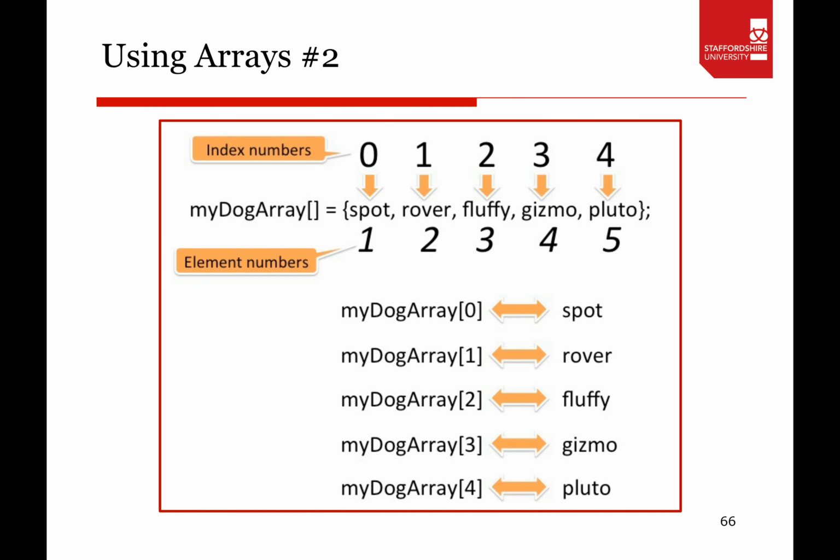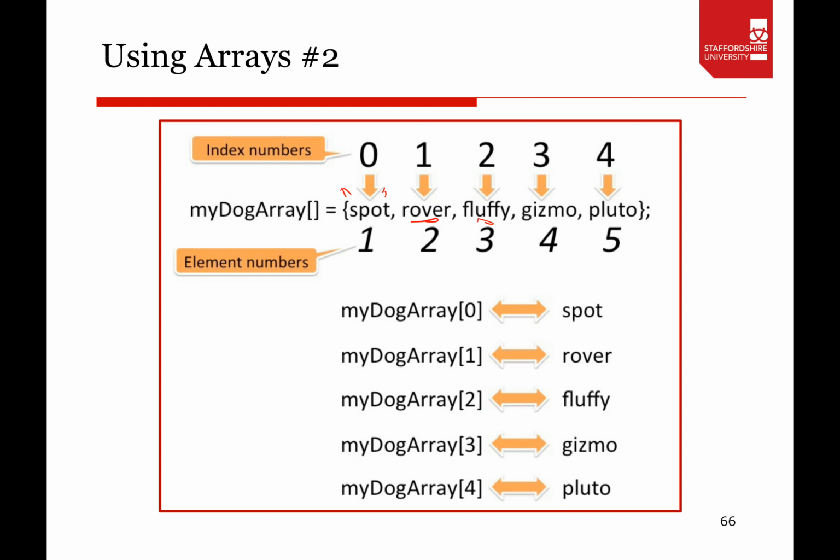So index numbers. If this is the array, my dog array is the name of the array. The index number 0 has the text Spot, index 1 is Rover, index 2 is Fluffy, 3 is Gizmo, and 4 is Pluto.